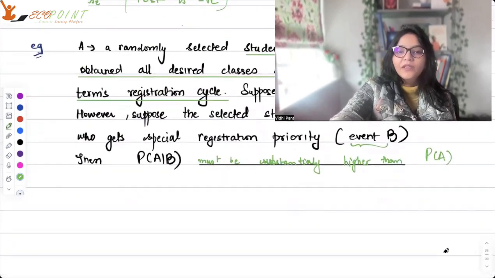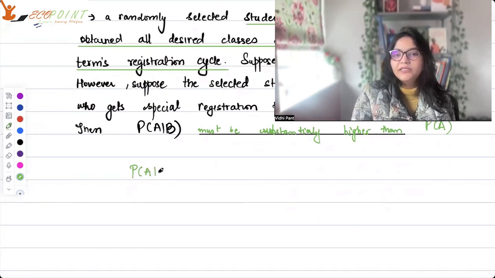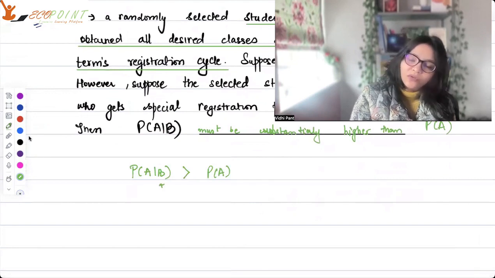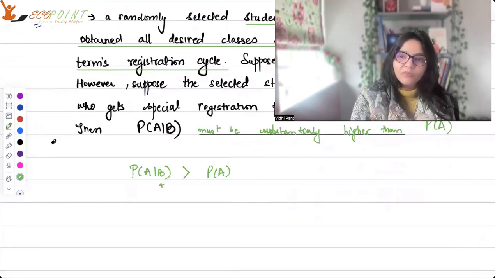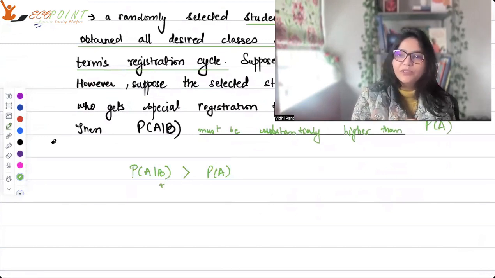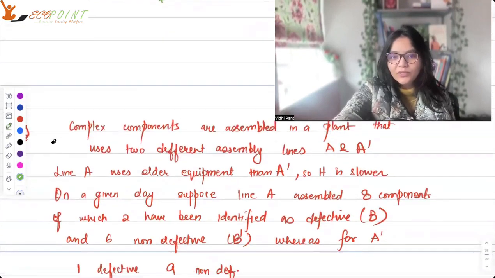So in this example, we saw that probability A conditioned to B turns out to be much higher than probability just A without this condition B. So, the conditional probability really depends on the additional information that you have. The conditional probability can be higher. The conditional probability can also be lower.